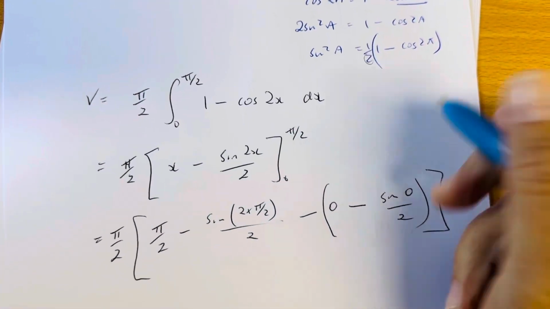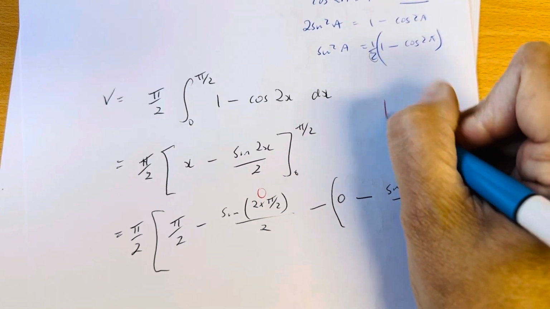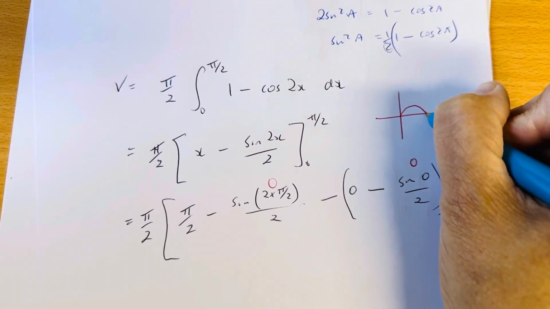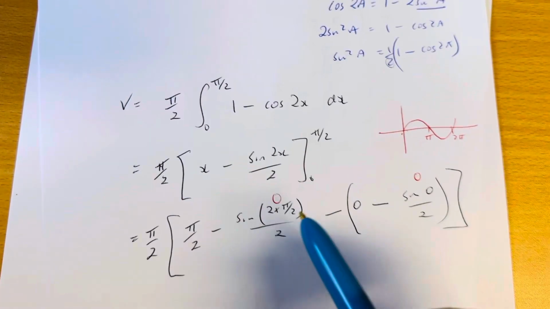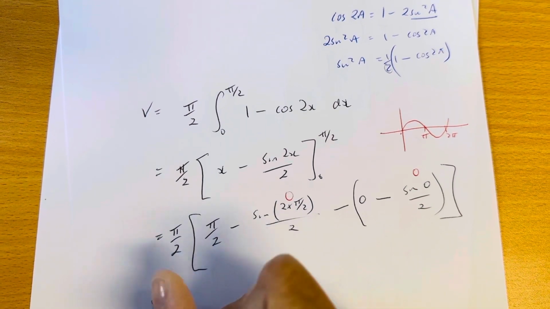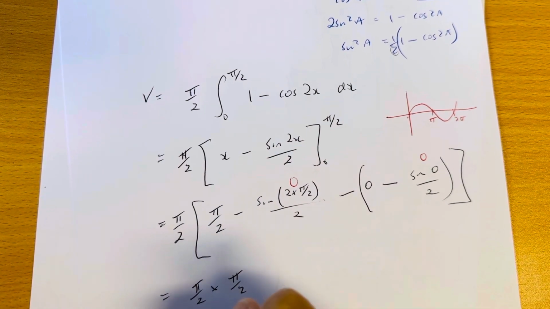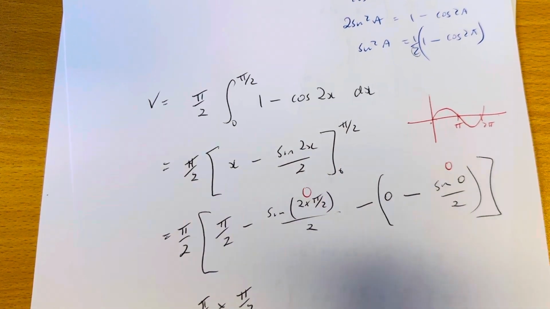Now remembering the sine of 0 is 0 and the sine of pi is 0. Remember, this is my sine graph. 2 pi, pi and 0 are all 0. So I'd end up with pi on 2 times pi on 2, which is pi squared on 4 units cubed.